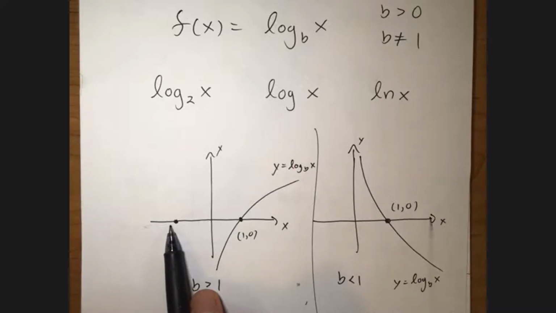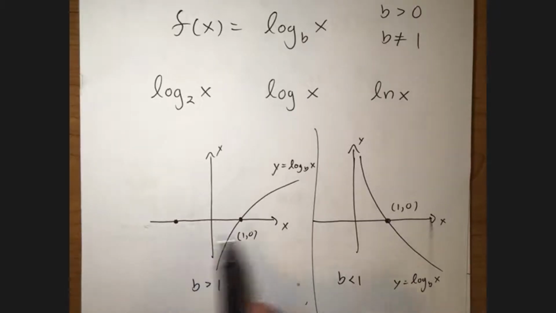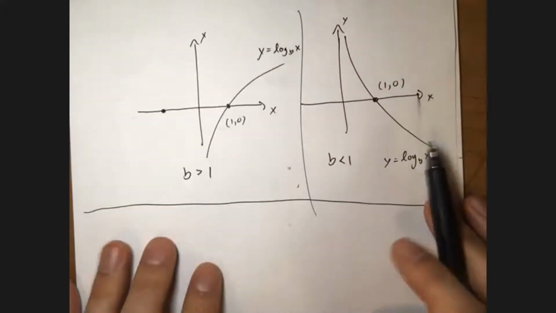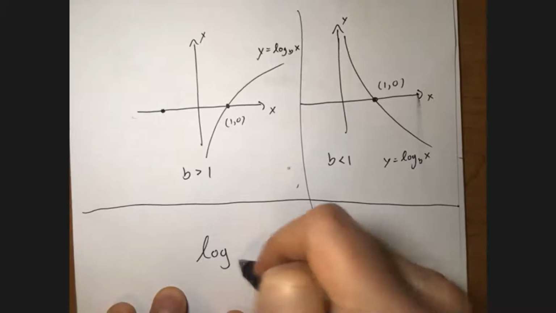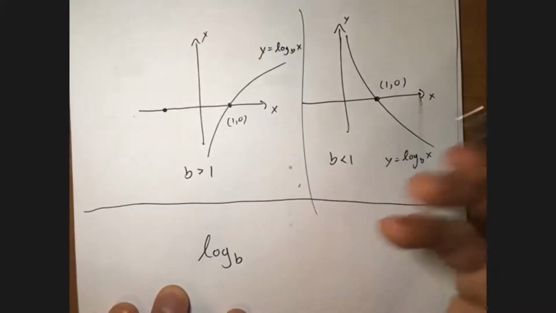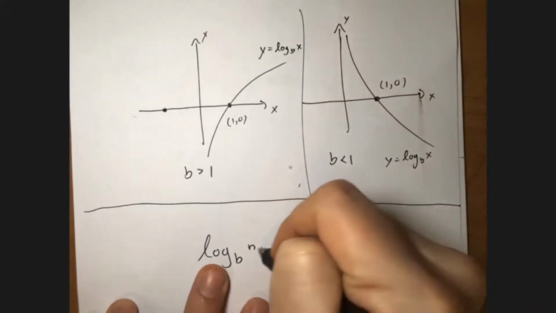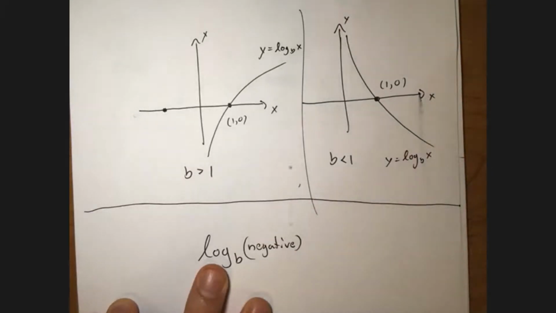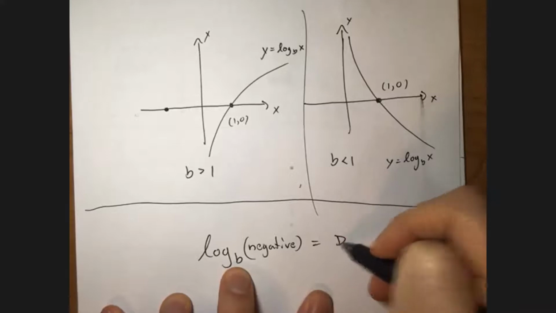It's not defined for negative x. So it doesn't make sense to plug in a negative number for x. Same thing even if the base is less than 1. It's not defined over here for negative values of x. So if anybody ever asks you to compute log base b of a negative, what you would write is does not exist.